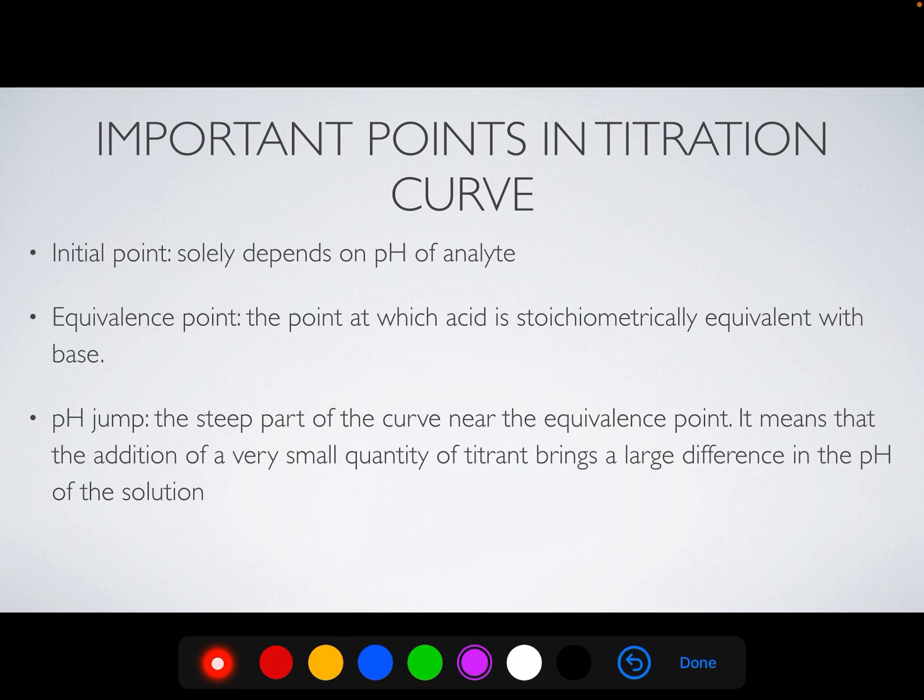It means that the addition of a very small quantity of titrant brings a large difference in the pH of the solution. With just a small addition of titrant, the pH will change very much. So that is what causes us to have a steep part in our graph.